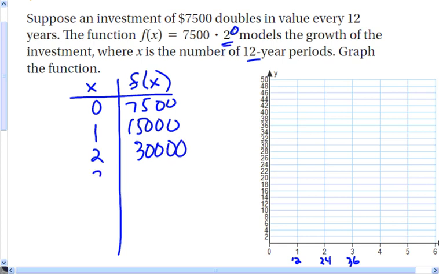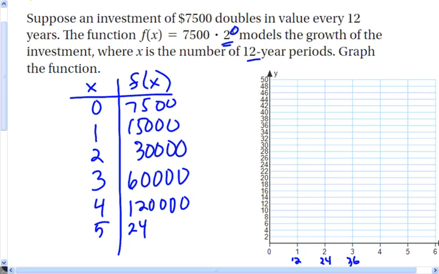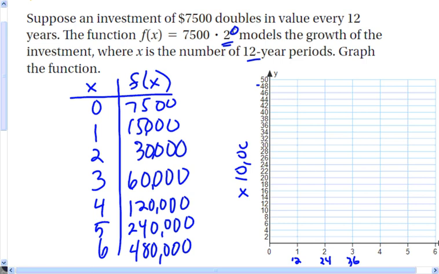So the next one is 60,000. Next one is 120,000. Next one is 240,000. And so on. The last one is 480,000. If I'm going to fit that on here, I have to think about that scale. I can use this 48 as long as I multiply these values by 10,000.